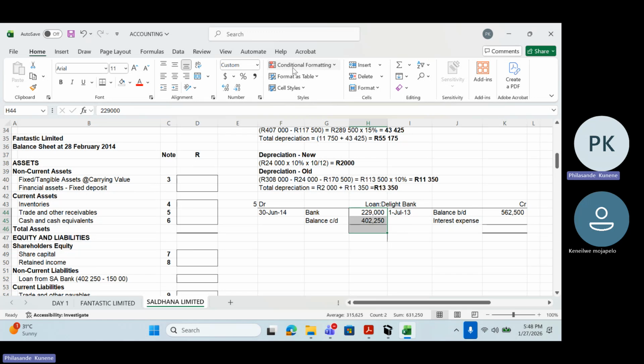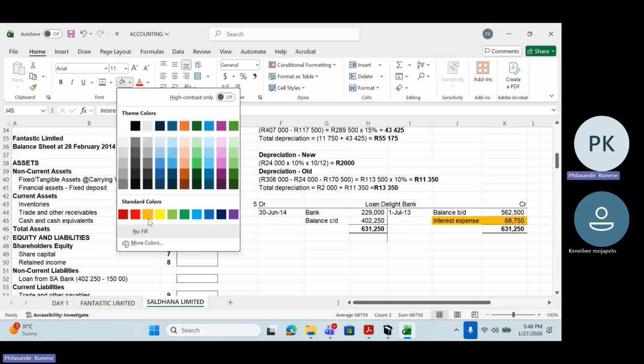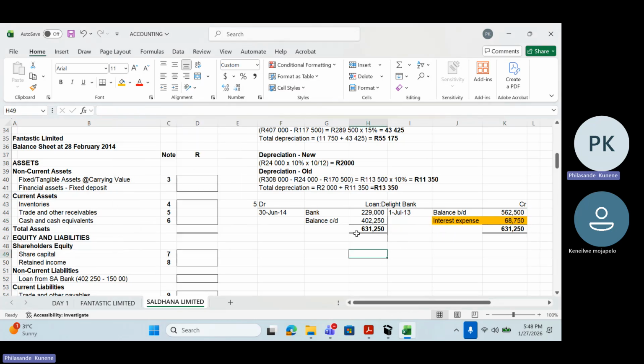The total this side, if I add the two amounts, 229,000 plus 402,250, we're getting 631,250. Then this side I'm going to have 631,250 as well as the total. And the difference between the two, this one minus this, I'm going to get my interest expense, which is the one that I want to calculate from this question.